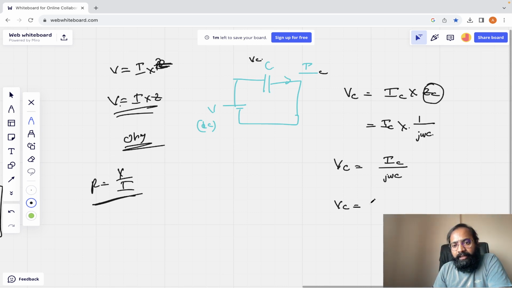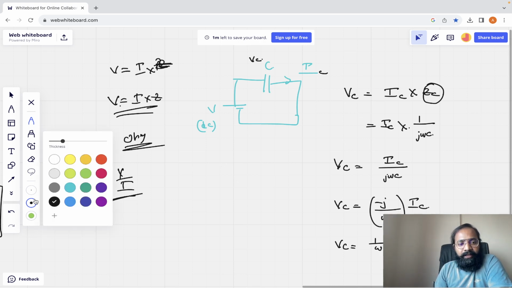Now VC is equal to minus j divided by omega c into IC. Okay. Now, if I take with respect to the magnitudes and angle, then finally I will get VC is equal to 1 divided by omega c IC angle minus 90 degrees. Obviously, minus j is nothing but minus 90 degrees, right?